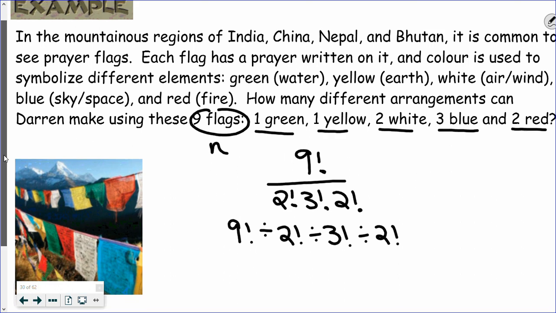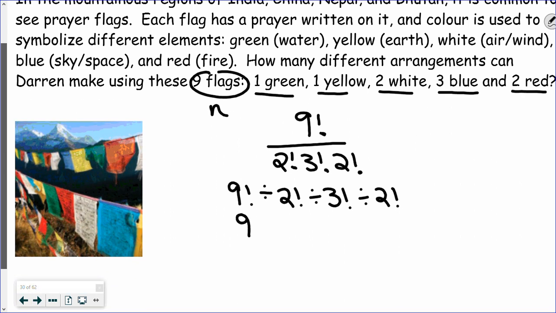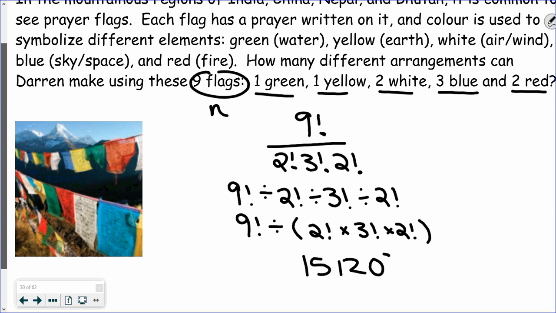The other option is 9 factorial divided by, in brackets, 2 factorial times 3 factorial times 2 factorial, close your bracket. They're both going to get you the same answer, in this case, 15,120. So there's our first example of what we do when we have objects that are the same.